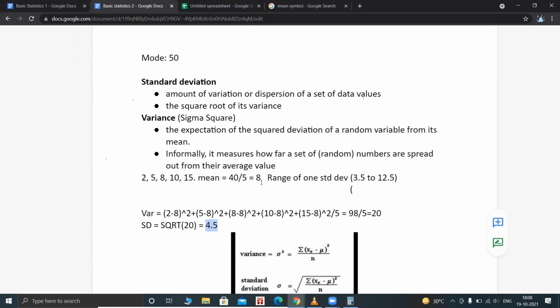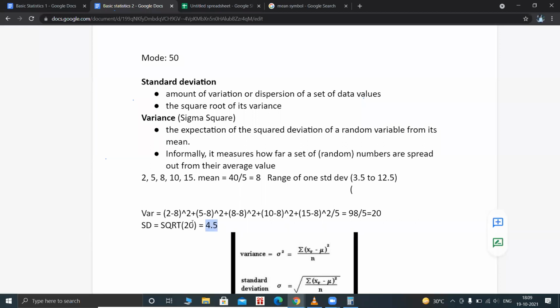For 1 standard deviation you have only subtracted 4.5 from 8, but when it comes to 2 standard deviations you need to multiply this by 2, because for 2 standard deviations you need to go 2 times to the negative side and 2 times to the positive side.